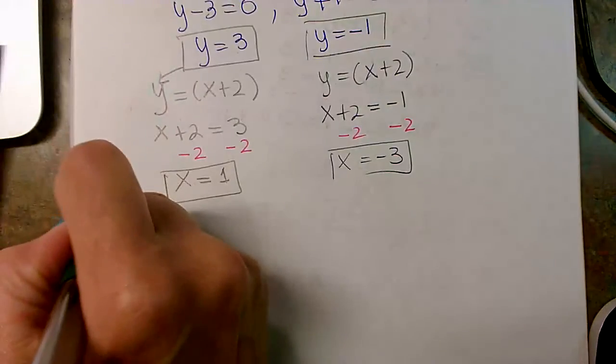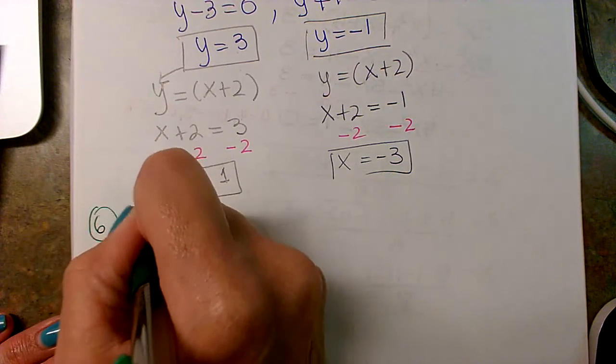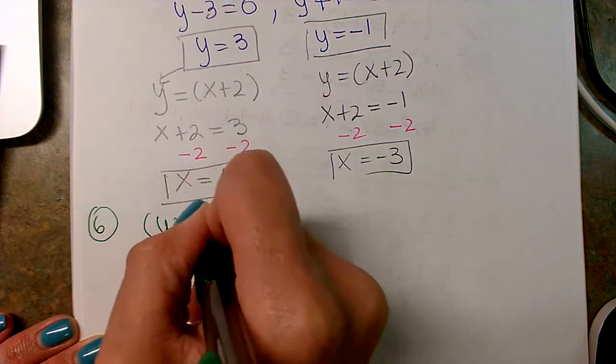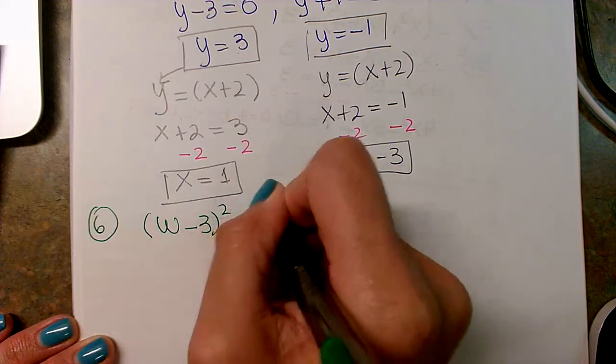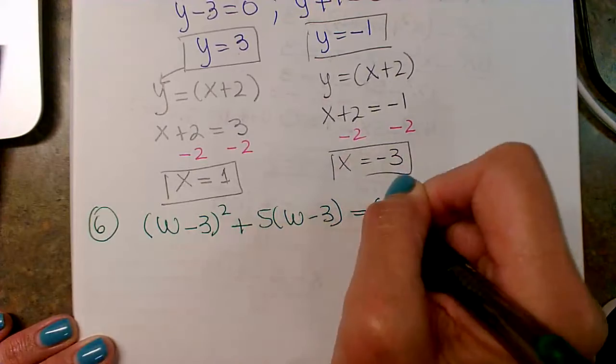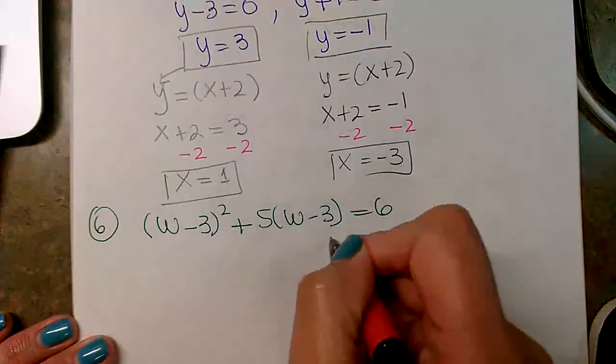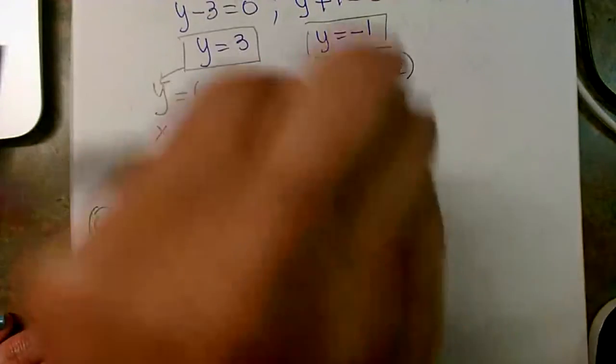Look at this one. This one is W minus 3 squared plus 5. So right here, first, we are going to subtract the 6.